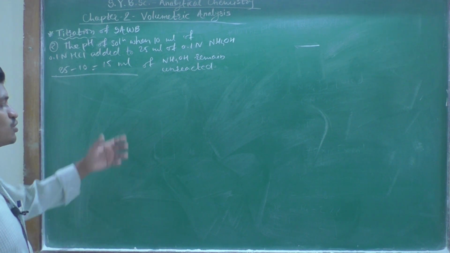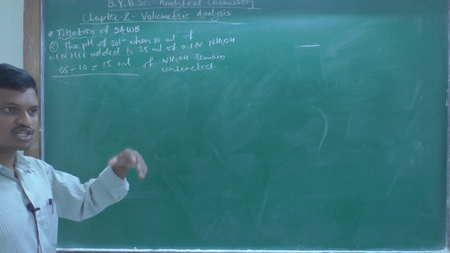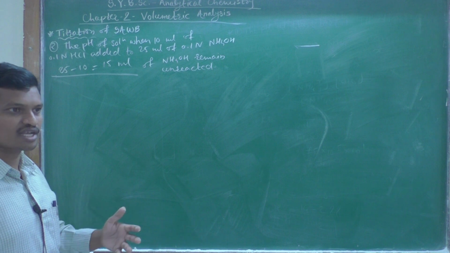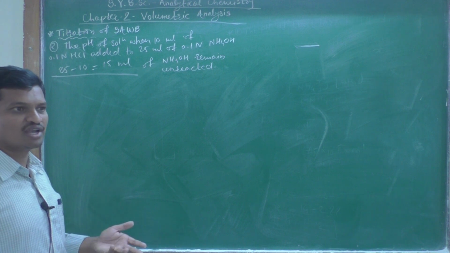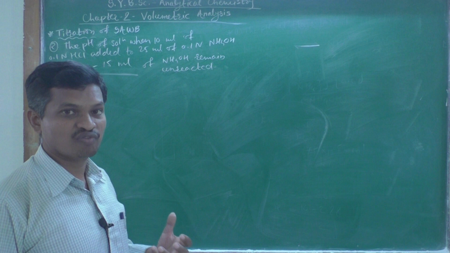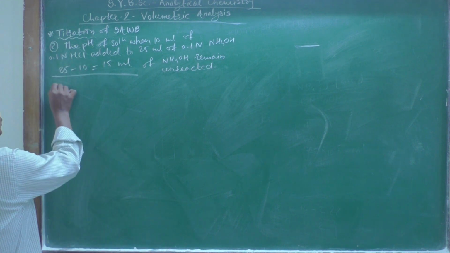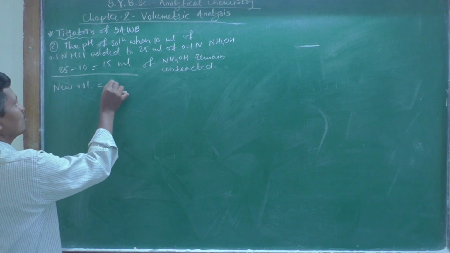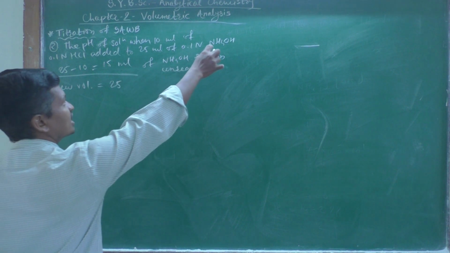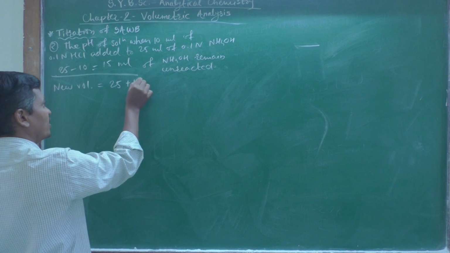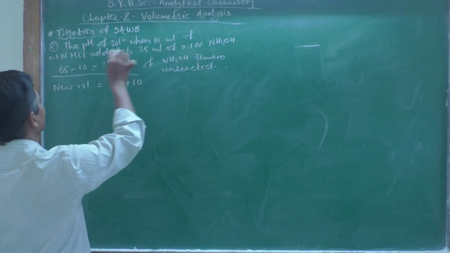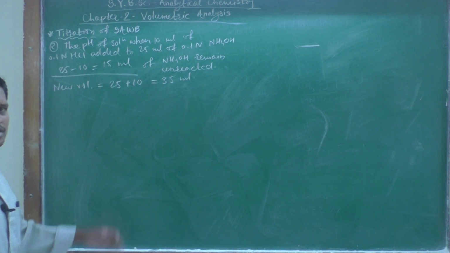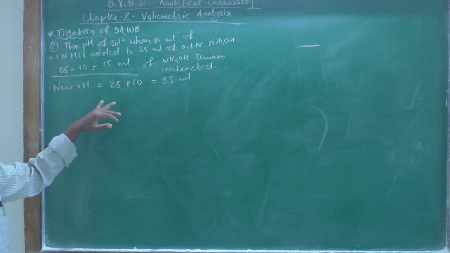But as we are adding HCl solution from the burette, the volume of the solution in the conical flask is increasing, and due to this increase in volume, the concentration of NH4OH will change. So the new volume in the conical flask is equal to 25 ml of NH4OH already there, plus the 10 ml of HCl we have added, so it will become 35 ml.